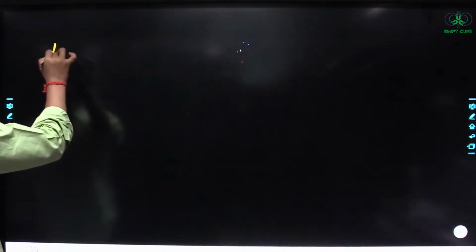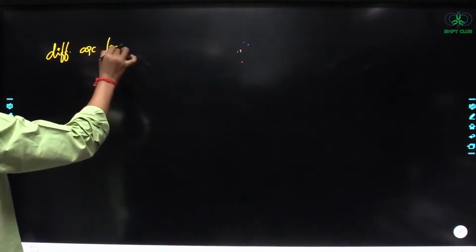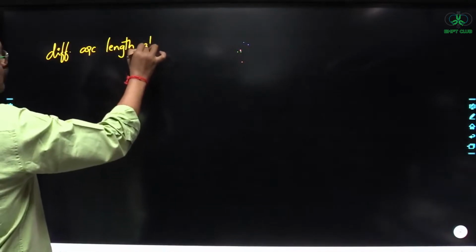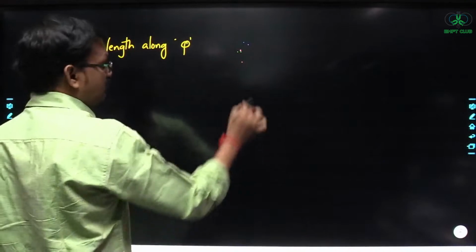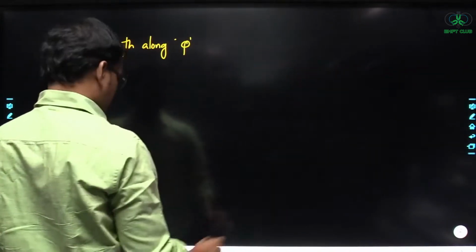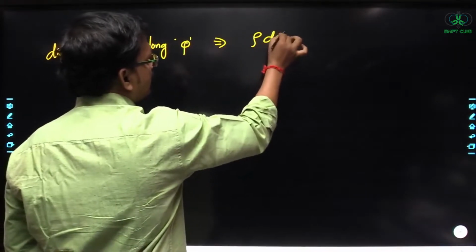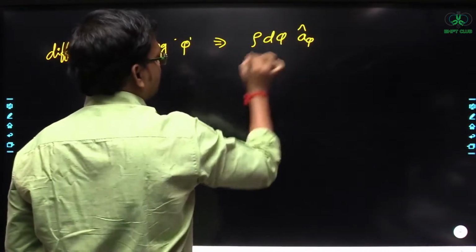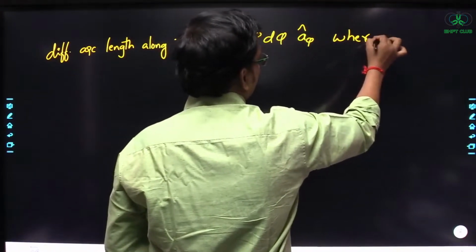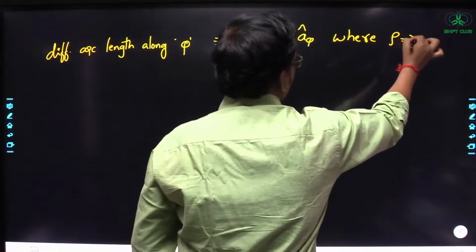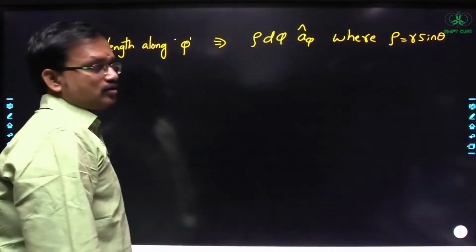Differential arc length along phi, how much is it? Differential arc length along phi is nothing but rho d phi a phi cap, where rho is equal to r into sin theta.